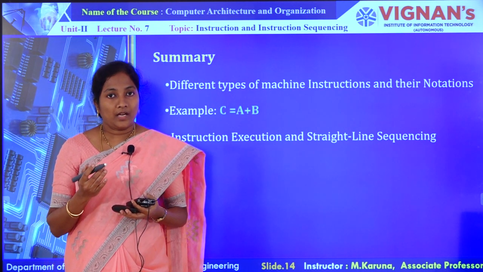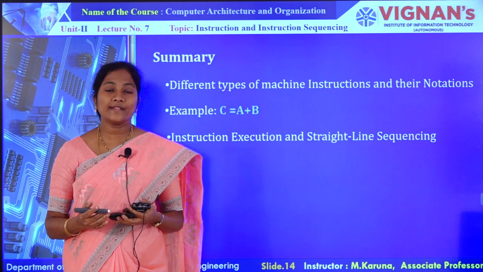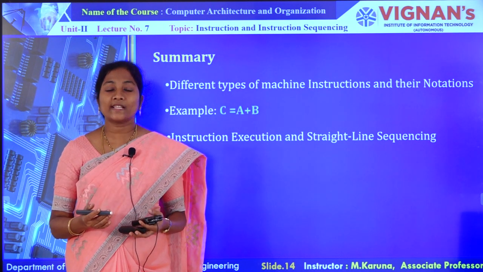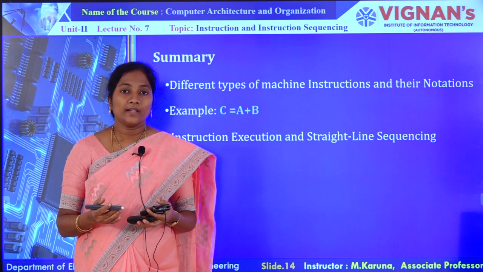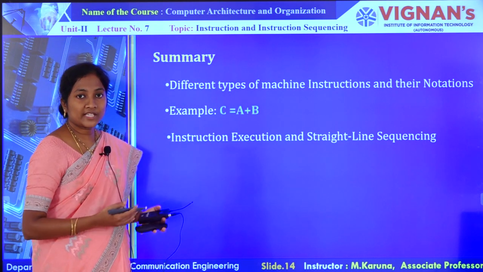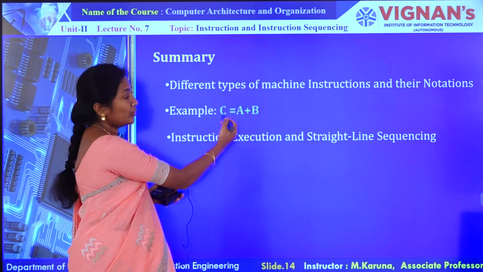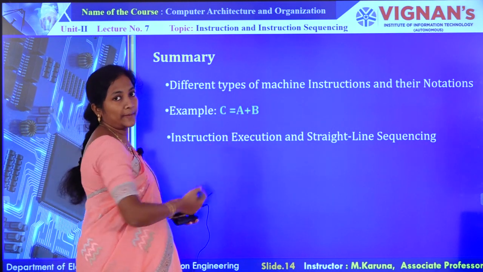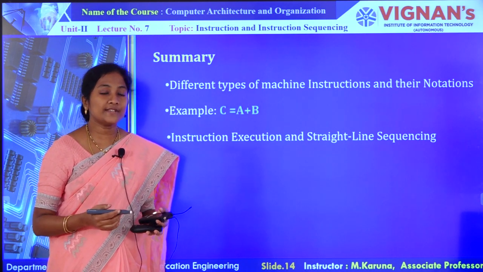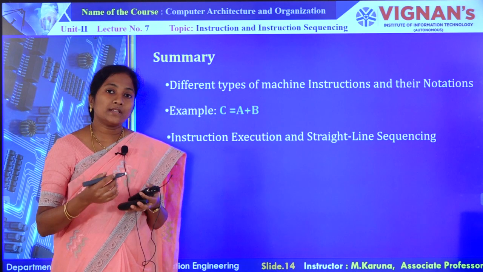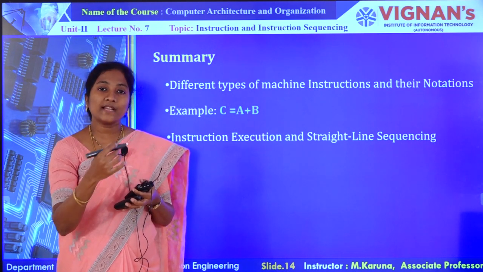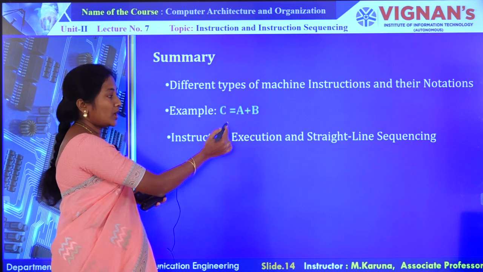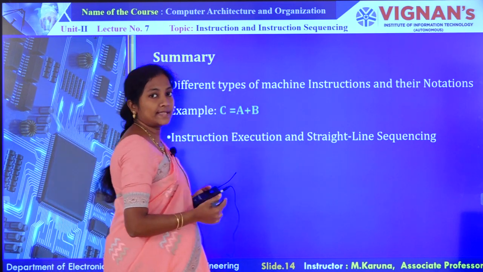Those are 3 address notation, 2 address notation, 1 address notation and 0 address notation, and also we have discussed one example C equal to A plus B, and with the help of all those instruction formats we have discussed how to perform C equal to A plus B one by one, and also we have discussed instruction sequence, how the instructions are executed sequentially by the processor to perform the operation, known as straight line sequencing.